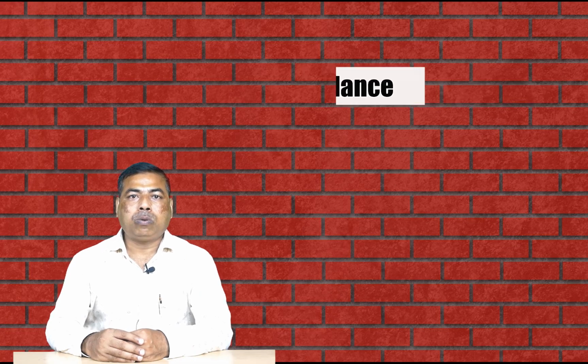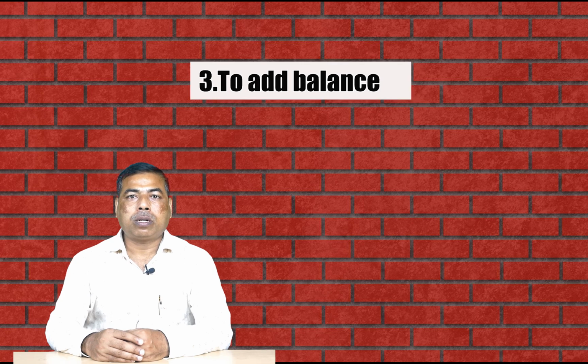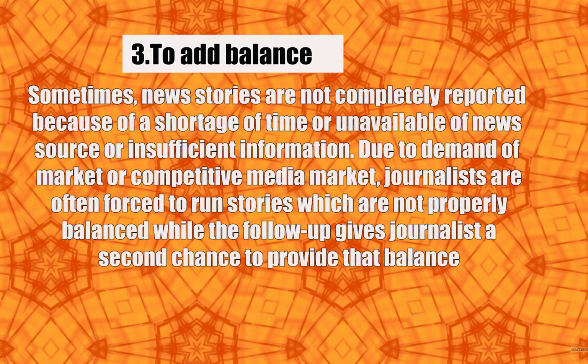Number 3, to add balance. Sometimes news stories are not completely reported because of a shortage of time or unavailability of news sources and insufficient information due to demand of the competitive media market.